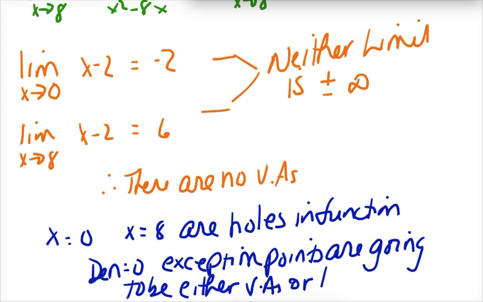And it's up to us to determine if they're vertical asymptotes. And how do you determine if they're vertical asymptotes? You take the limit. And if they are not a vertical asymptote, then they're a hole. Okay? So hopefully that clears things up.